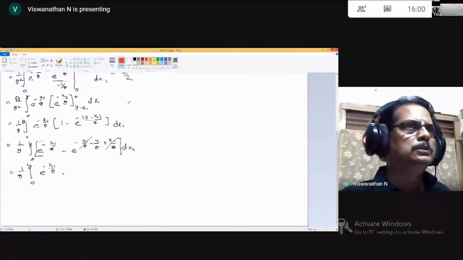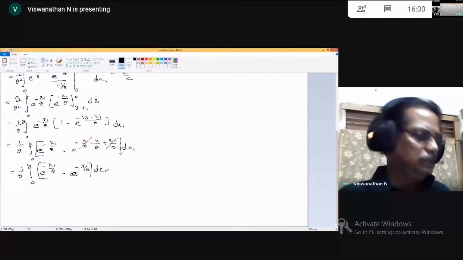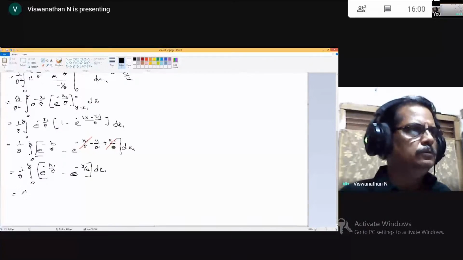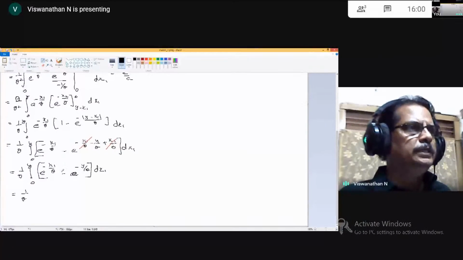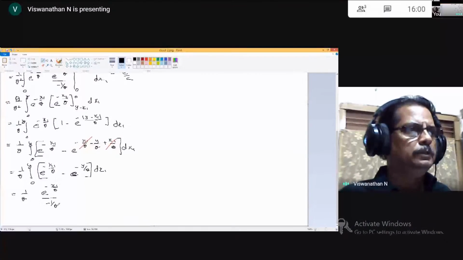So what we are left with is minus e power minus y by theta, and we want to integrate this with respect to dx1, which is equal to 1 by theta. So when I integrate this, what will happen? Integrating this with respect to x1, that is most important. So that will have something like e power minus x1 by theta, again minus 1 by theta.